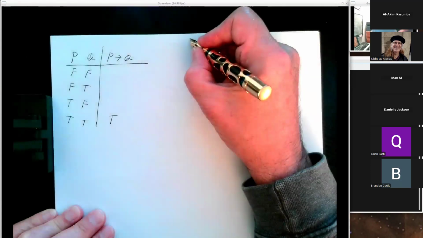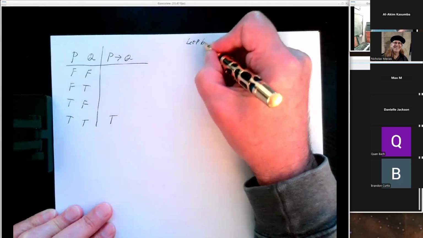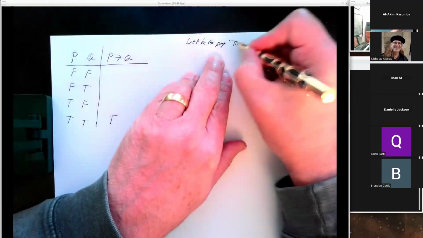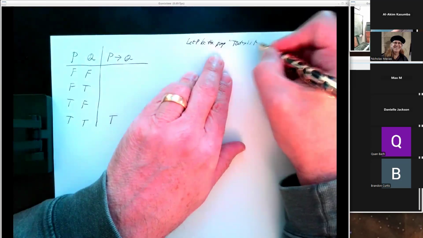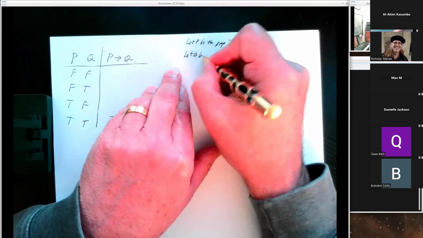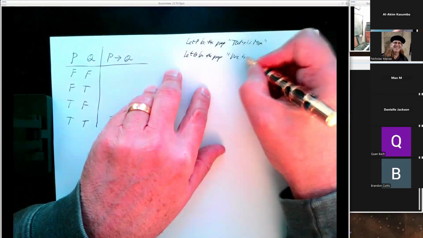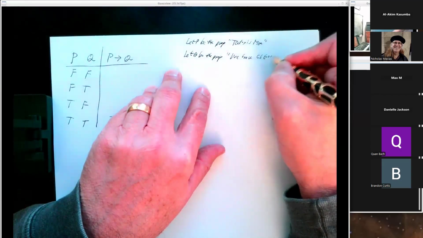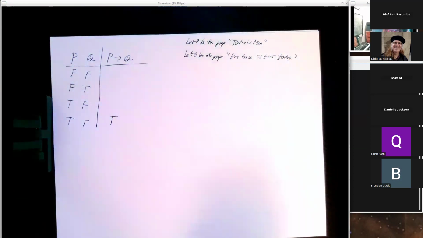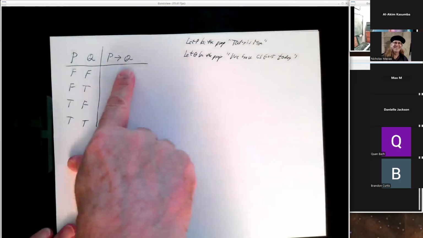So let's stick with the same propositions. P is the proposition, today is Monday. And Q is the proposition, we have CSE 215 today. All right, well, if today is Monday and we have CSE 215 today, then this conditional statement is definitely true.